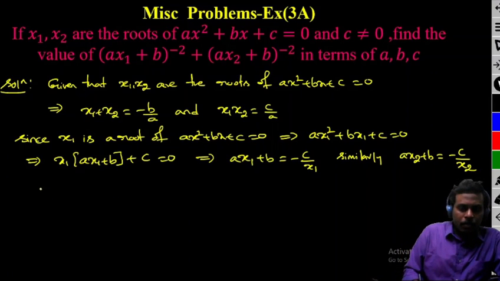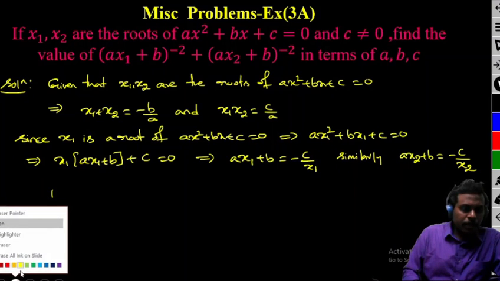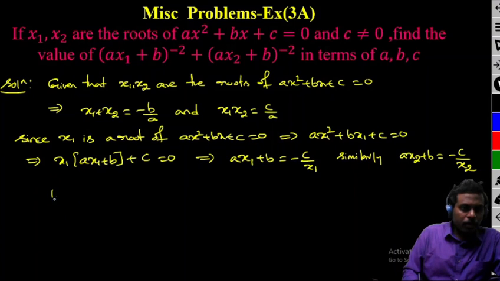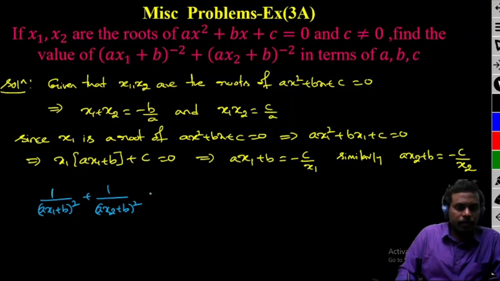Okay. Now we are going to find out this particular quantity. Let us find out that quantity. What is that quantity actually? 1 divided by (ax1 plus b) whole square plus 1 divided by (ax2 plus b) whole square, that is equal to 1 divided by (minus c by x1) whole square plus 1 divided by (minus c by x2) whole square.